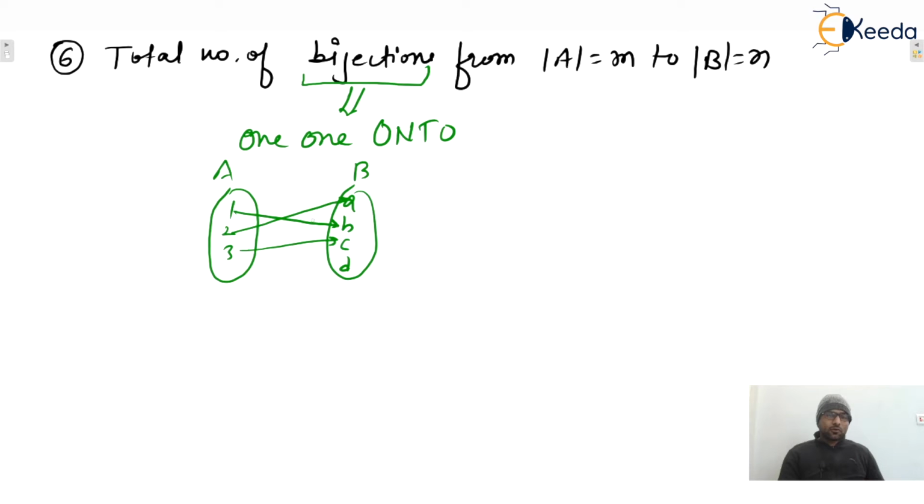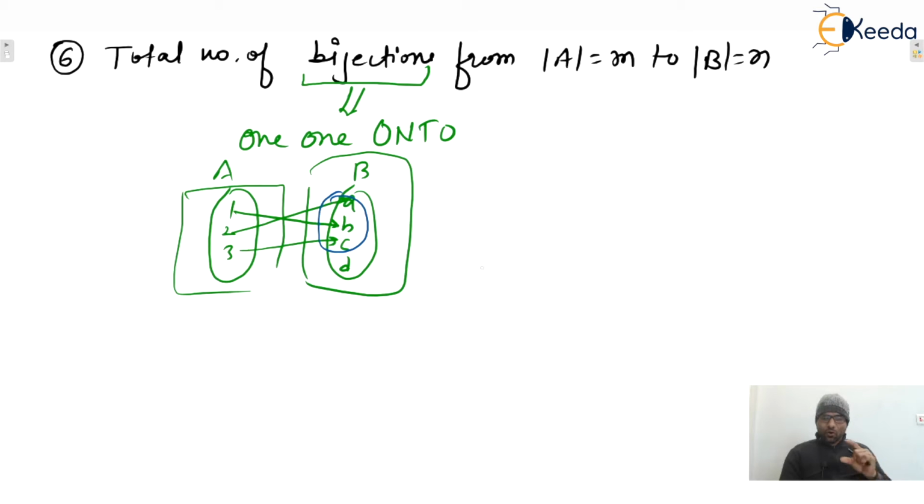So for a function to be one-one as well as onto, the cardinality of both the sets must be equal. Then only a one-one onto function is possible. Otherwise it is not possible. Why? Because for an onto function the range must be equal to the codomain.